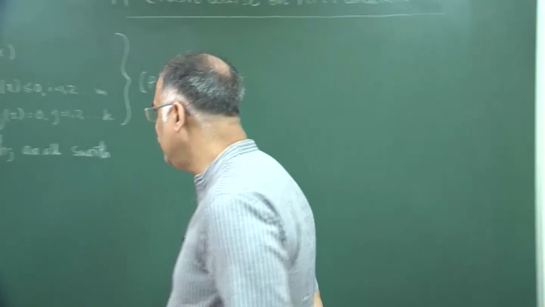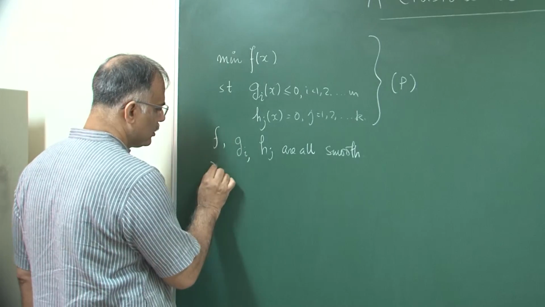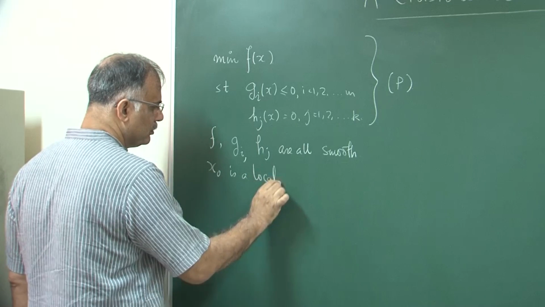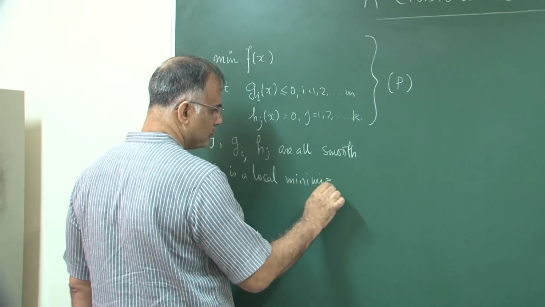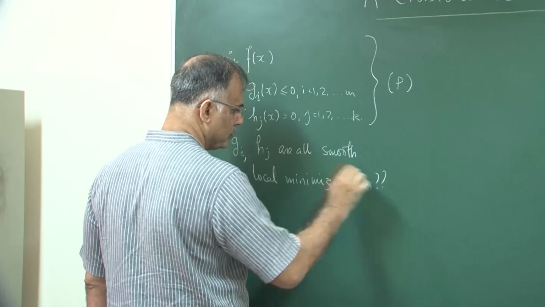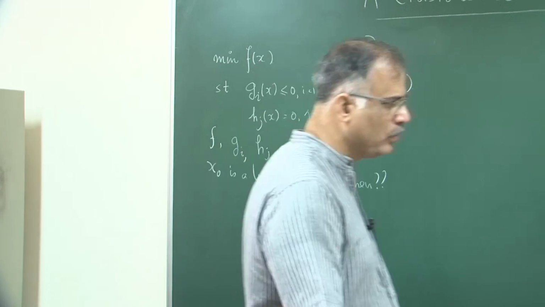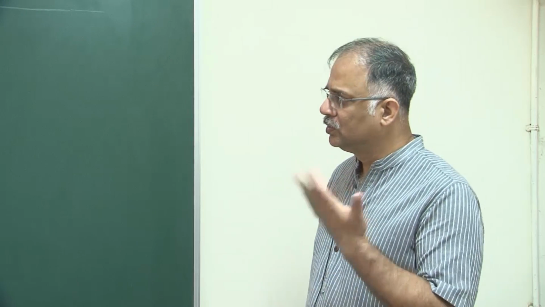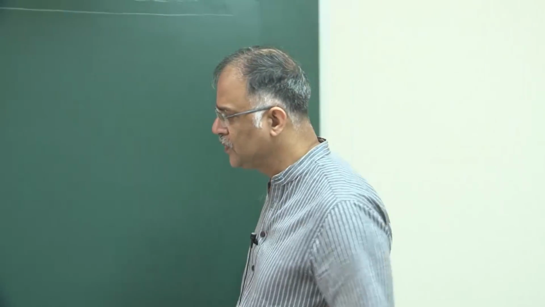Now, once I do that, suppose x naught is a local minimizer, then what? If x naught is a local minimizer, what sort of conditions does x naught satisfy in terms of the given data of the problem?